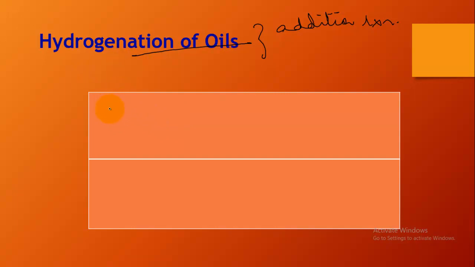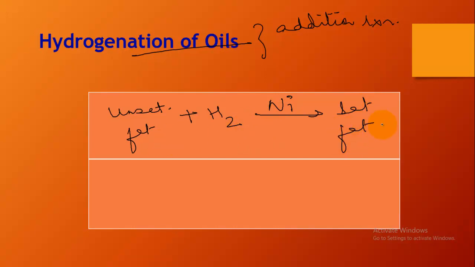Hydrogenation of oil means that we have an unsaturated fat, and to it we are adding hydrogen in the presence of a nickel catalyst, and as a result hydrogen gets added and it forms a saturated fat. So hydrogenation of oil means conversion of an unsaturated fat into a saturated fat by adding hydrogen in the presence of nickel. This is what hydrogenation of oils is.